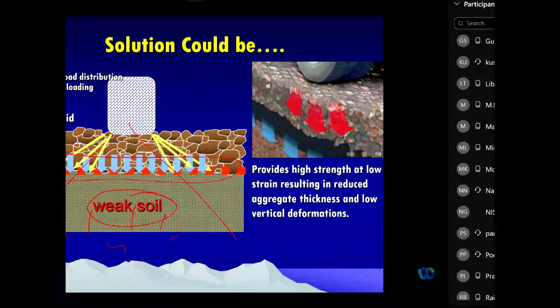We are trying to keep the subgrade in safer conditions, as well as the other layers. So providing a high strength at a low strain results in a reduced aggregate thickness and reduced vertical deformations. This is the scenario you can expect in the field.